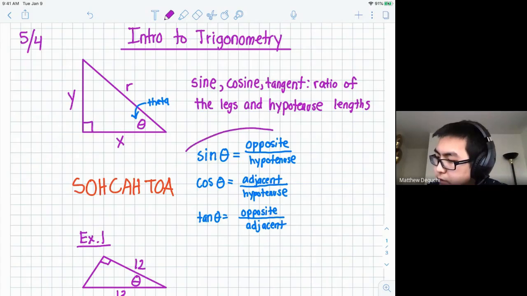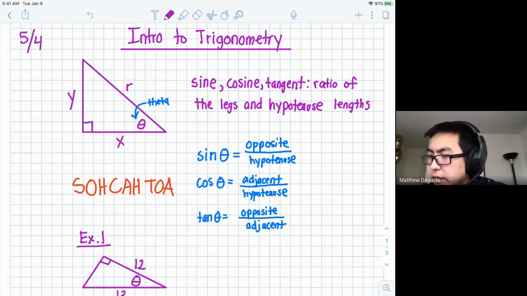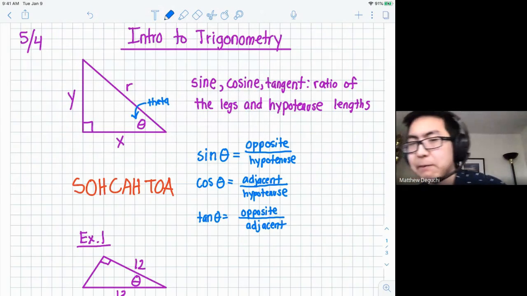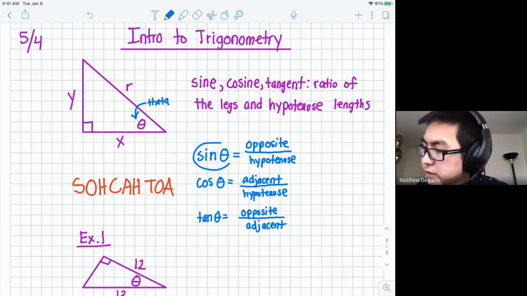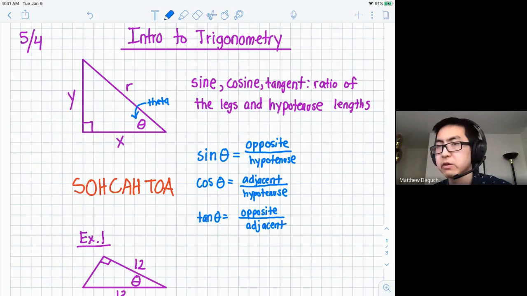So when we look at SOHCAHTOA, when we calculate sine, that is the ratio of the opposite side to the hypotenuse. For example, and I did teach some of you guys last year in this. When you have sine of theta, you have to think in the perspective of the angle measurement, okay?